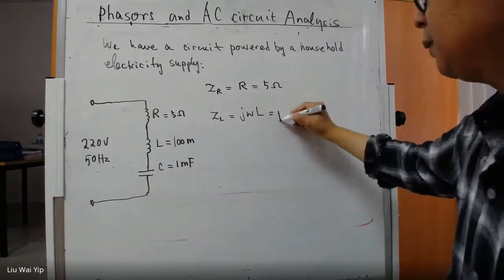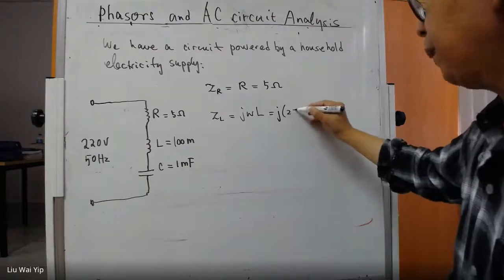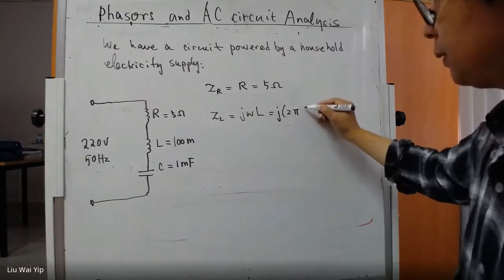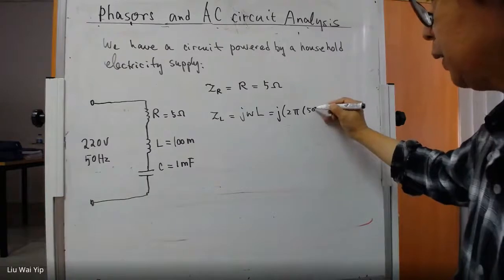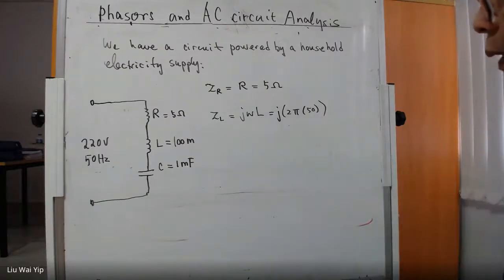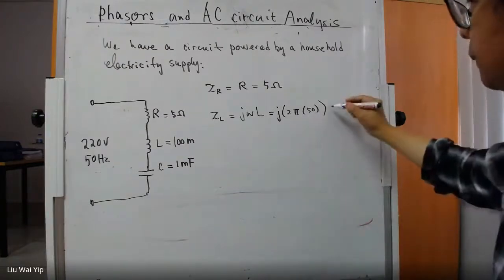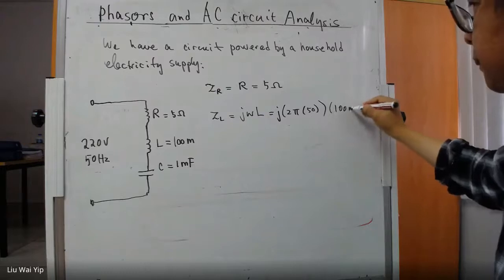Omega equals 2 pi f. f is 50 hertz, and L is 100 millihenry.